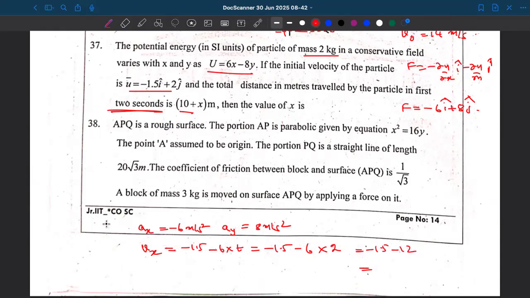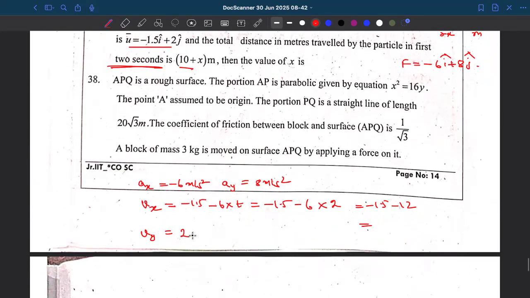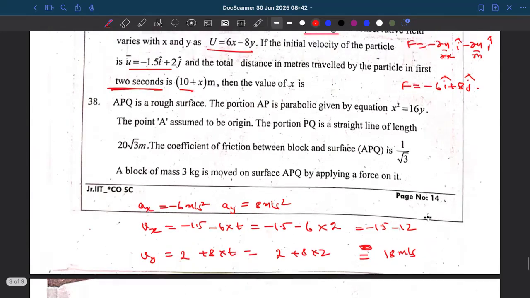Similarly, Vy is 2 plus 8 into t, which is 2 plus 8 into 2, 16 plus 2, 18 meter per second.